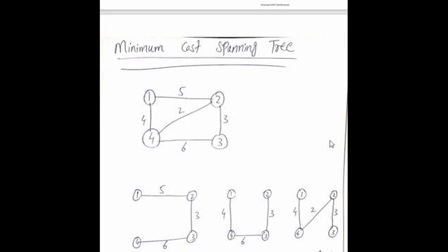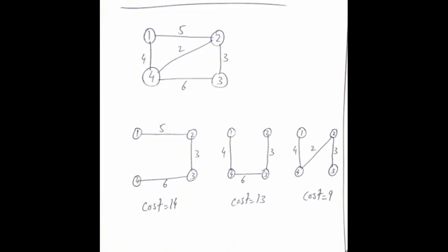We just add all the weights of the edges and we get the cost of every spanning tree. For the first spanning tree the cost is 14, for the second 13, and for the third spanning tree the cost is 9. So the third spanning tree is the minimum cost spanning tree.